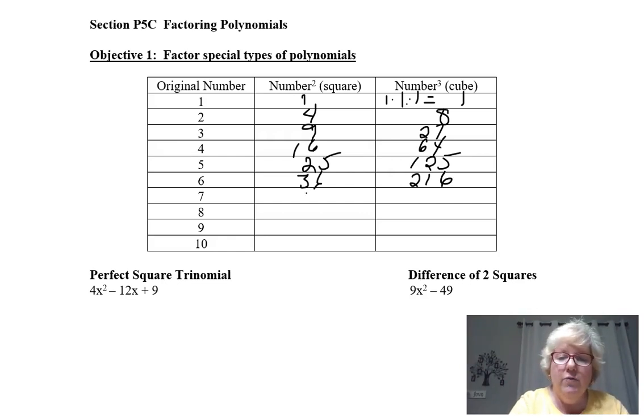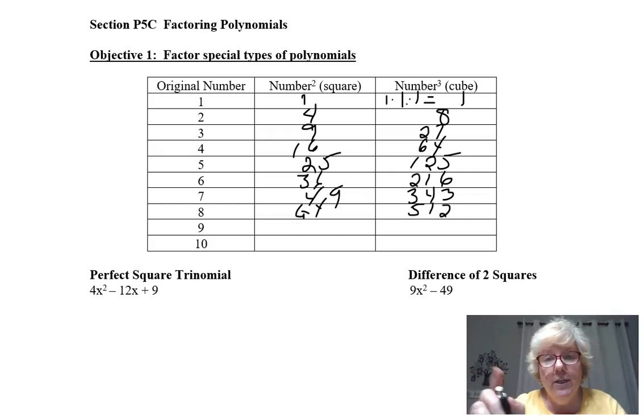7 squared is 49, and 7 cubed is 343. The numbers are getting really large. 8 squared is 64, and 8 cubed is 512.